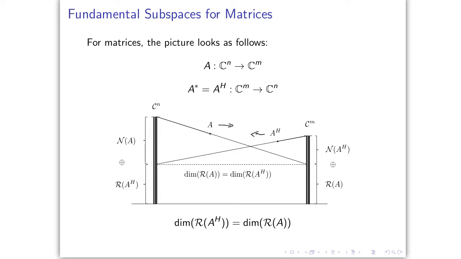Then we can decompose the C^m that we're mapping to into an orthogonal decomposition of the range of A and the null space of A^H. And similarly, C^n can be represented as an orthogonal decomposition of the range space of A^H and the null space of A. Furthermore, the dimension of the range space of A is equal to the dimension of the range space of A^H.